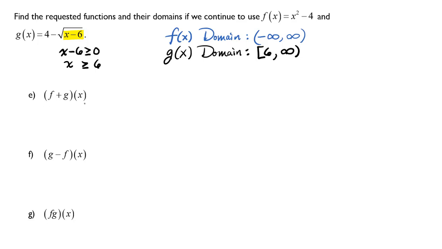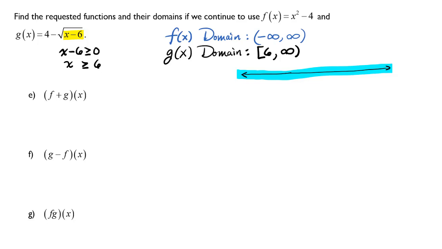When we add the two functions together, remember that the overlap in the domains is where the sum of the functions exists. Therefore, if I were to graph the domain of f of x, it would be the entire number line.